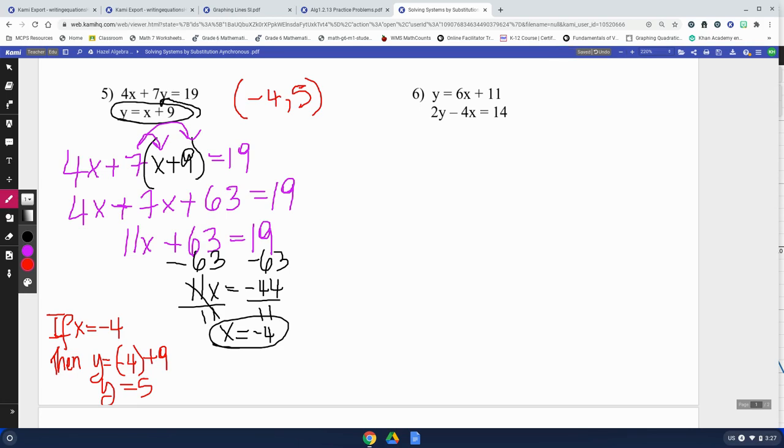All right, so let's look at another problem. Same idea. First, you need to isolate one of the variables, which we did, and we're going to substitute it in the next equation. Okay, so two times 6x plus 11 minus 4x equals 14.